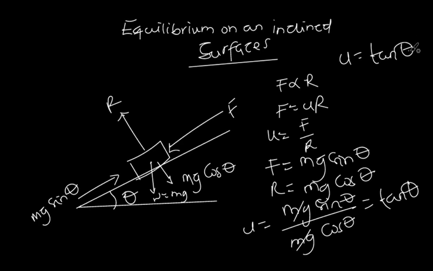So assuming you are to find the coefficient of friction and you know the angle but don't know the mass of the object, you can use tan of the angle to get the coefficient of friction, and then continue your calculation in any way you want.